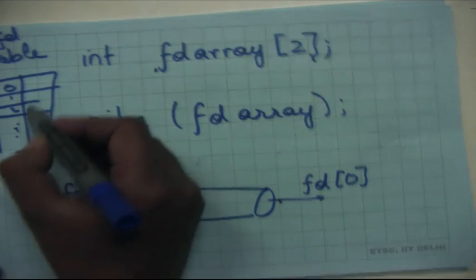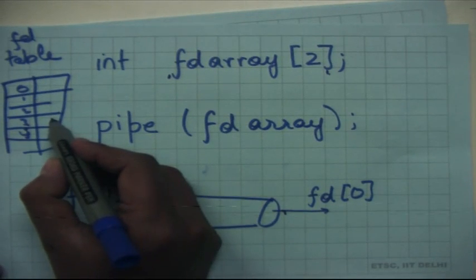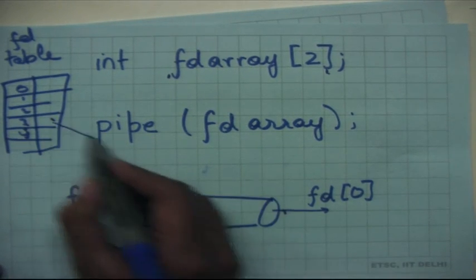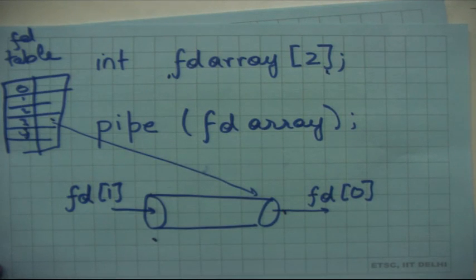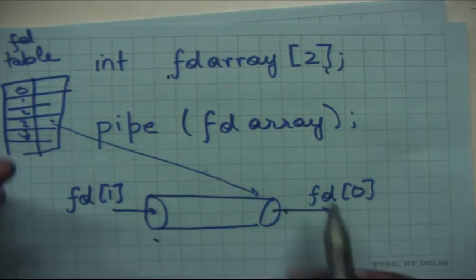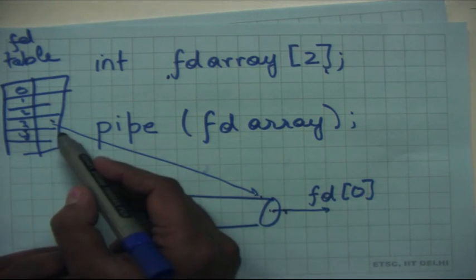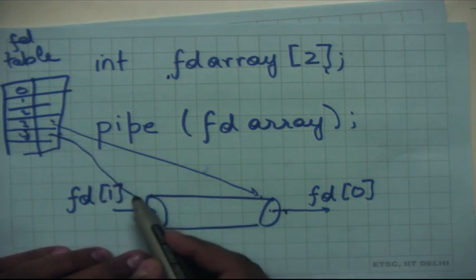Right? So let's say the 2 file descriptors that were available were 3 and 4. So let's take this pipe as the entity. The output end of the pipe is the first one, and the input end is the second one.